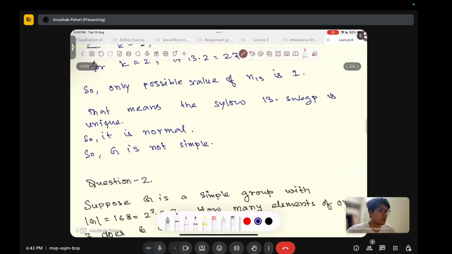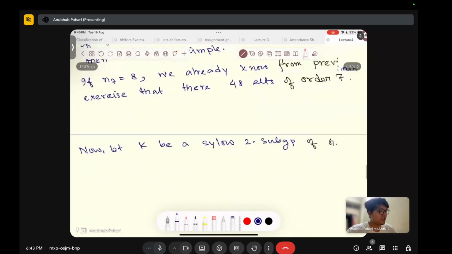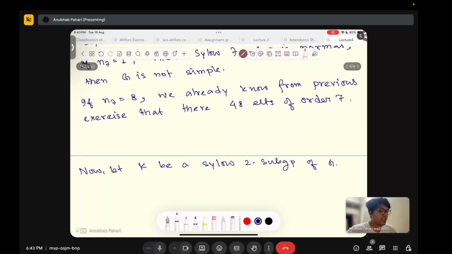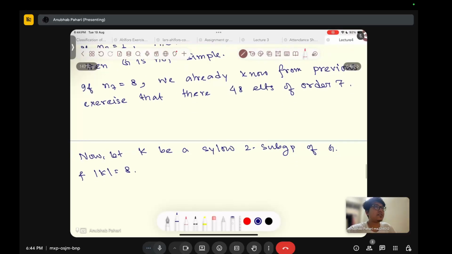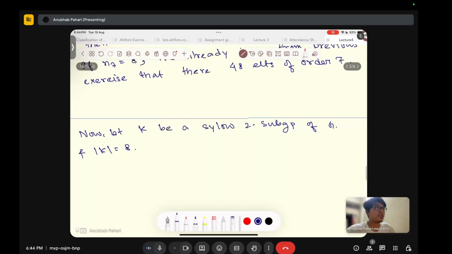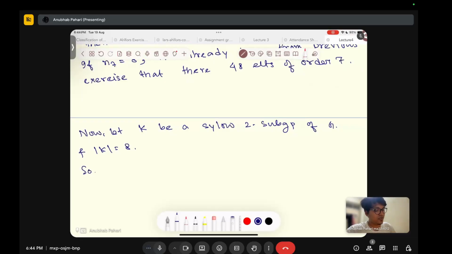So there is at least one Sylow 2 subgroup that I denote by K, and the order of K is 8, right? So every element of K has order dividing 8.